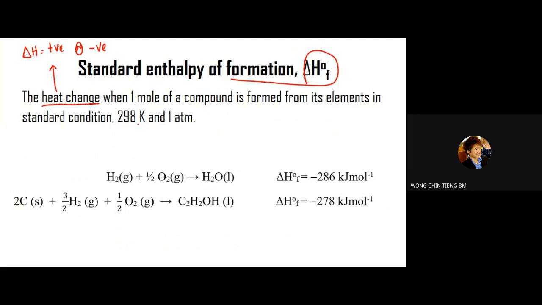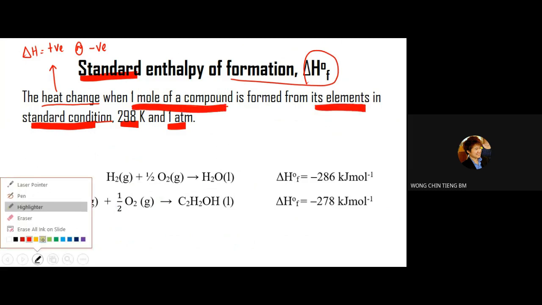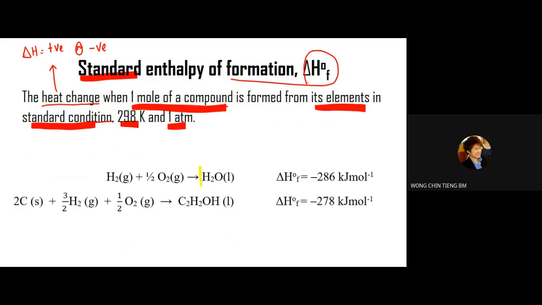Kedua, when 1 mole of a compound is formed from its element in a standard condition. Kenapa standard condition? Because it's a standard enthalpy. So dia kena duduk pada standard condition. Okay? So the keyword is 1 mole of compound is formed from its element. So 1 mole kena duduk kat mana? Product kena forever 1 mole.